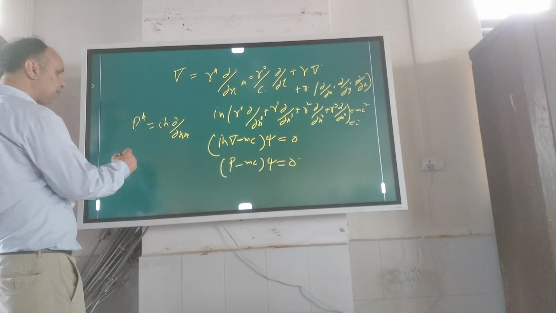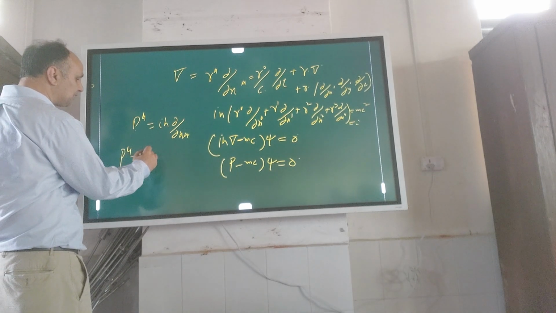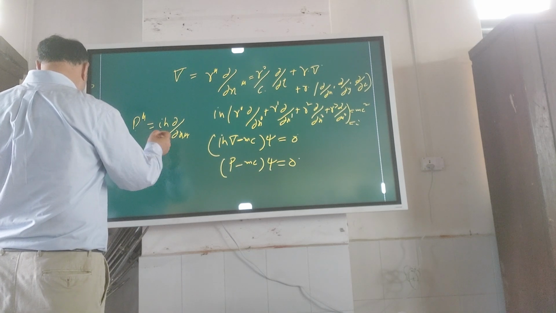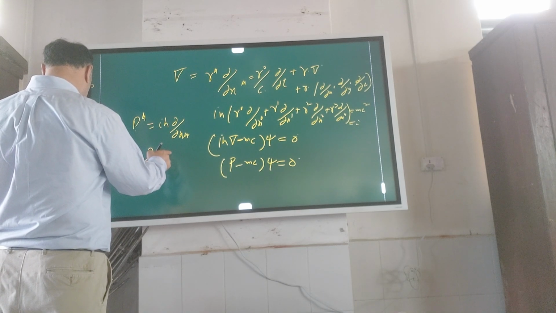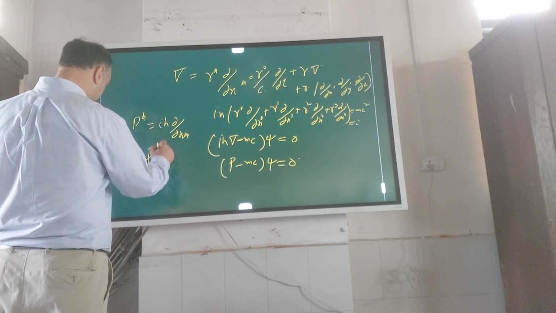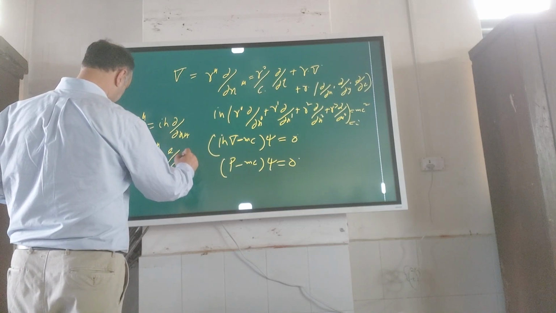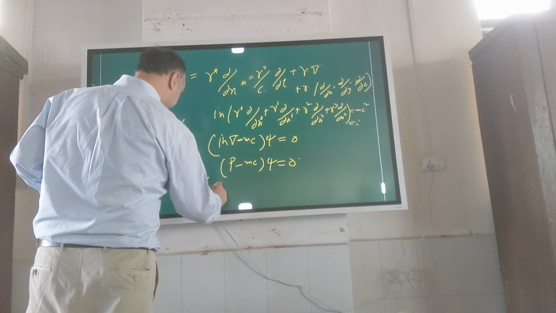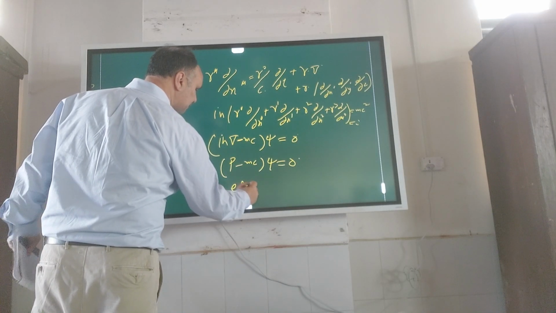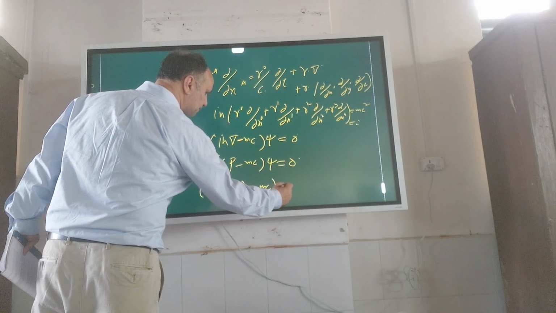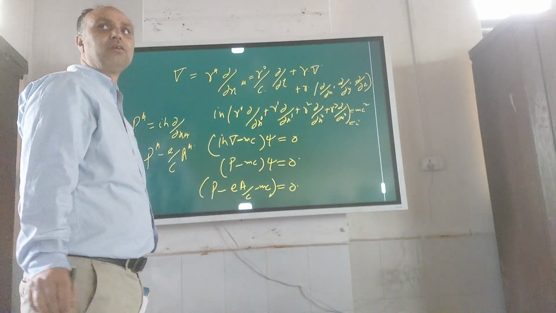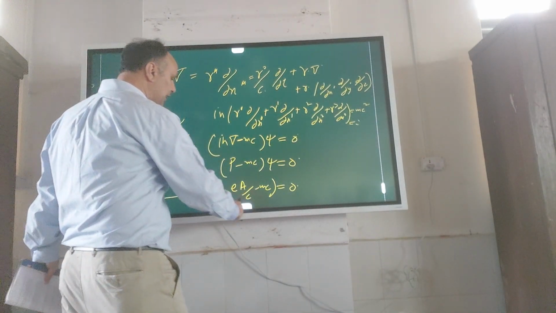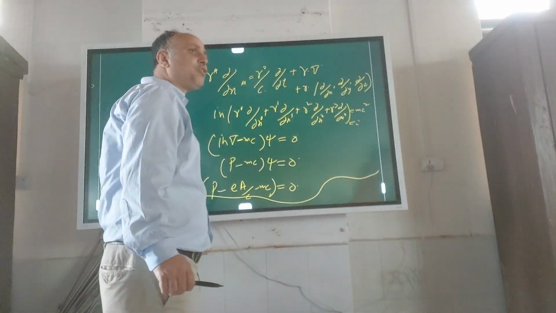And if you remember, when we introduced gauge potentials, we wrote P mu as shown, so this equation.